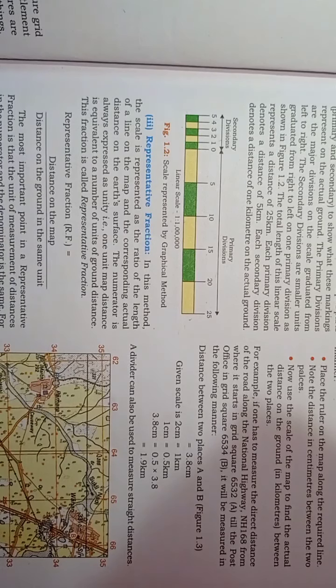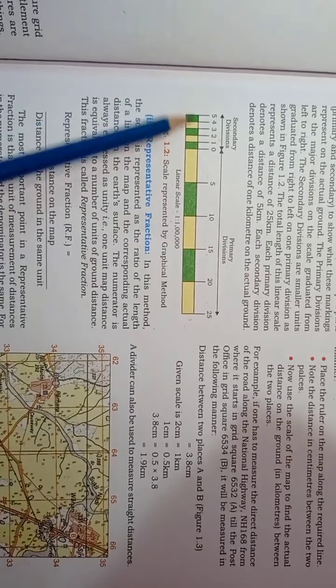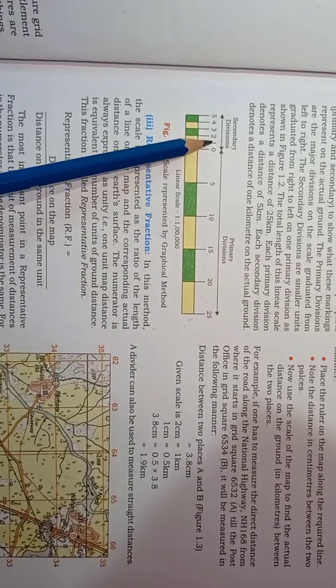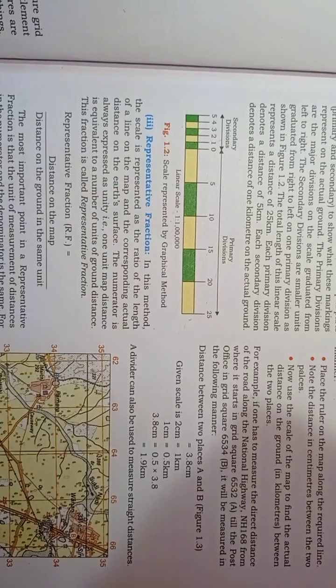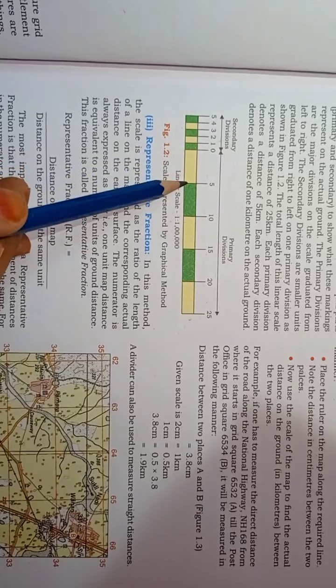The primary divisions are the major divisions on the scale, graduated from left to right. The secondary divisions are the smaller units, graduated from right to left. See the numbers 0, 1, 2, 3 given there. The total length of the linear scale represents a distance of 25 kilometers. Each primary division denotes a distance of 5 kilometers.